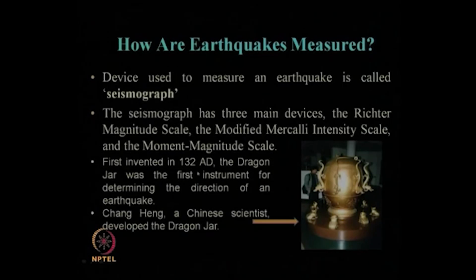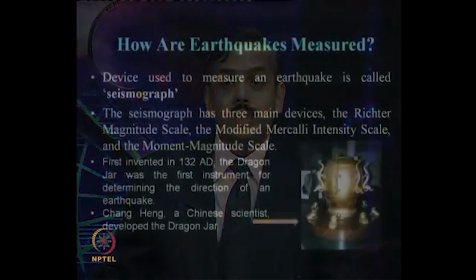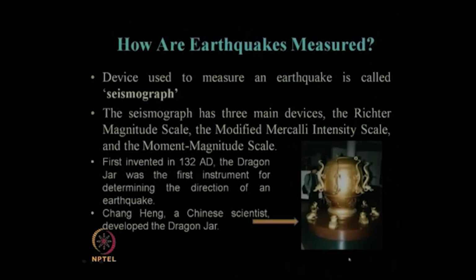As I have mentioned, in 132 AD the first seismograph was invented, which is called the dragon jar. It was the first instrument for determining the direction of an earthquake, and Cheng Heng, a Chinese scientist, developed this dragon jar. Let us look at a close view of this instrument, the seismograph, which can record earthquake waves.